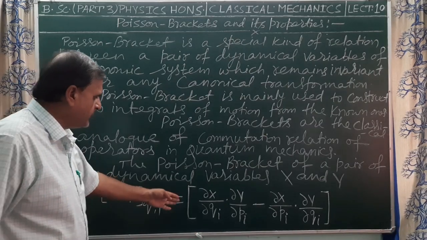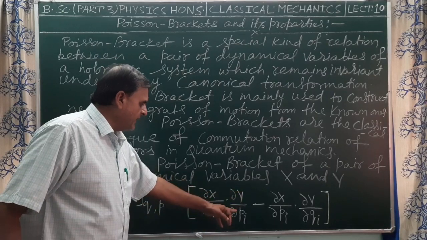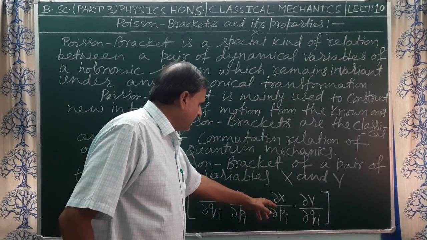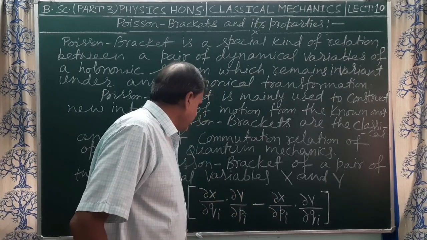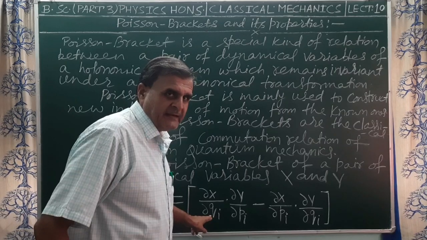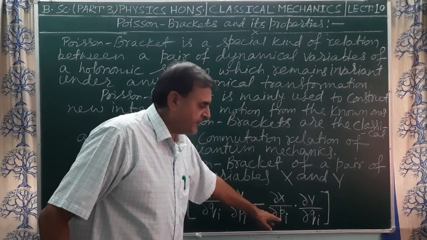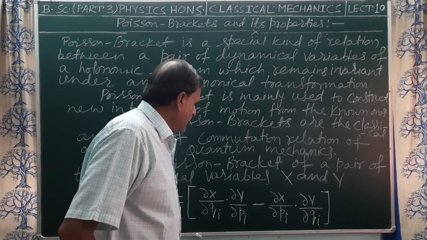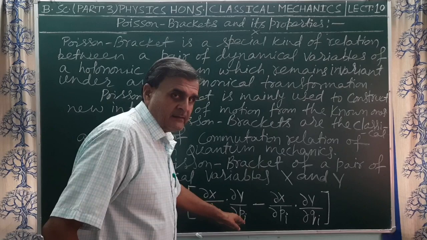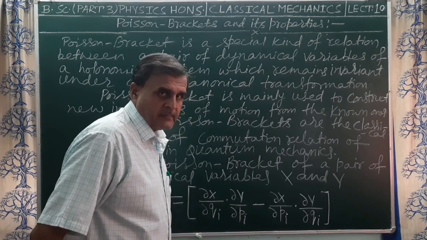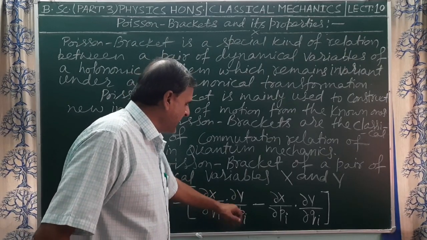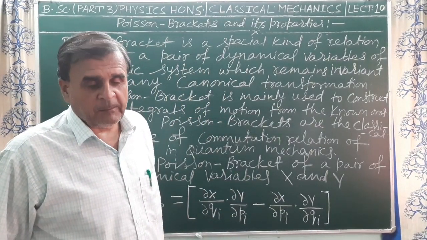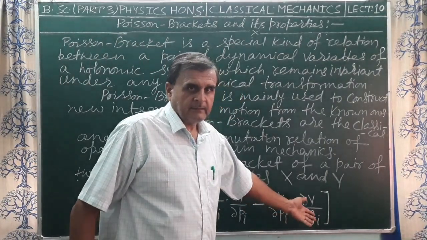[X, Y]_{q,p} equals ∂X/∂qi into ∂Y/∂pi in the first term inside the square bracket, minus, in the second term, ∂X/∂pi, where qi is exchanged by pi, the position is exchanged by momentum in the partial differentiation in the denominator, into ∂Y/∂qi, where pi is replaced by qi. That is, momentum is replaced by position in the second term.